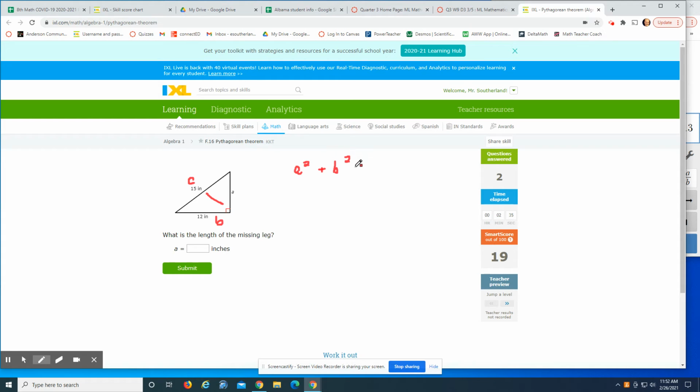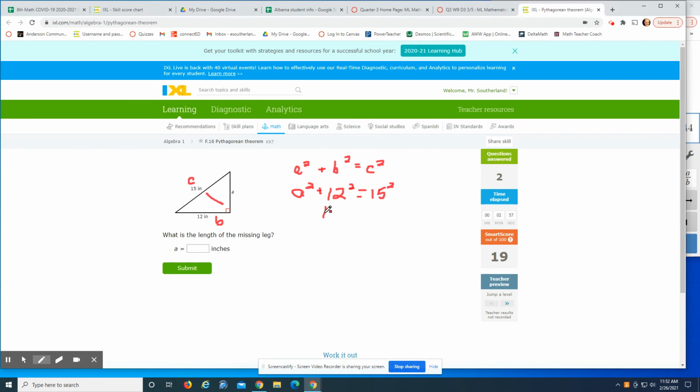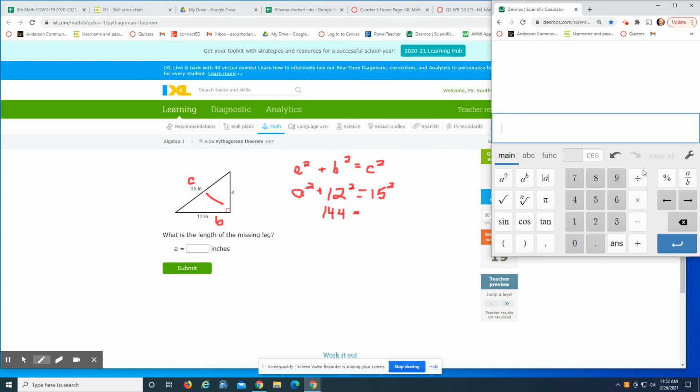I don't know what A is, so I leave it as A. So A squared plus 12 squared is equal to 15 squared. I would find out what my squares are. 12 squared is 144. 15 squared is 225, but you can use a calculator.